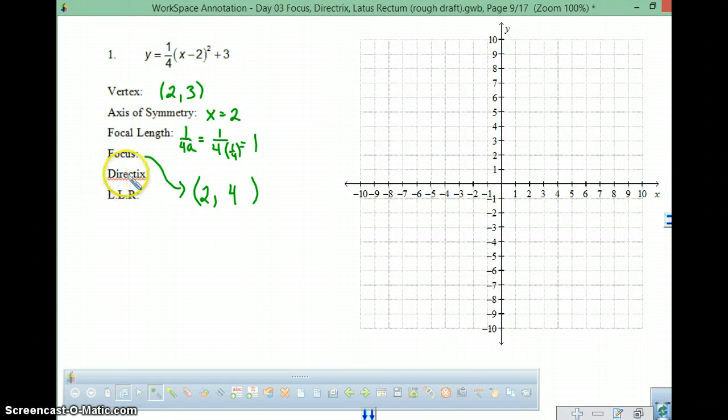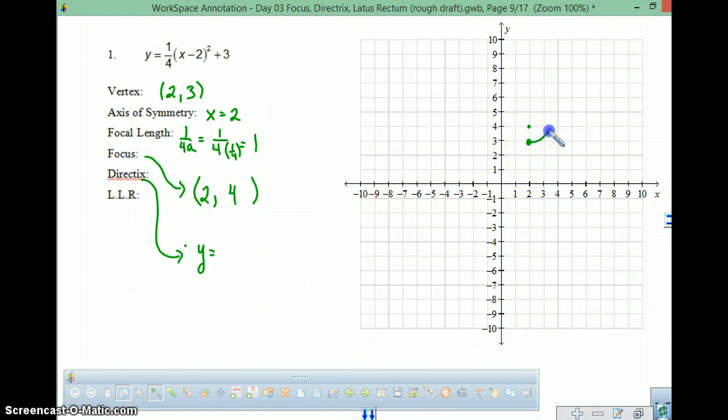Now let's take the directrix. The directrix is the equation of a line, so we're going to call it y equals, and you know what? I'm going to see if this helps you to figure it out. Let's put the vertex in here. 2, 3. There's the vertex of the parabola. The focus is at 2, 4. That's the focus.